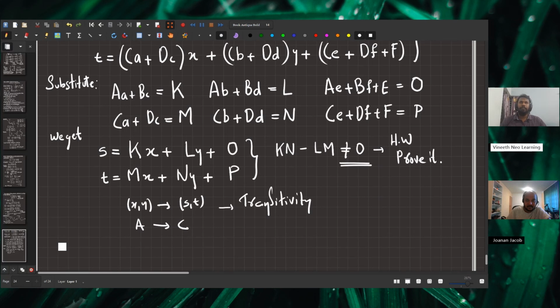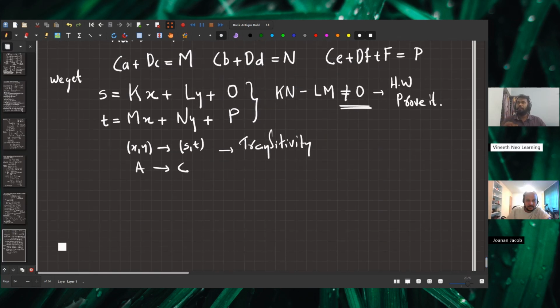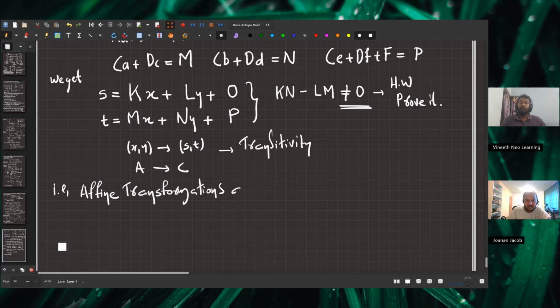This means that affine transformations are equivalence relations.